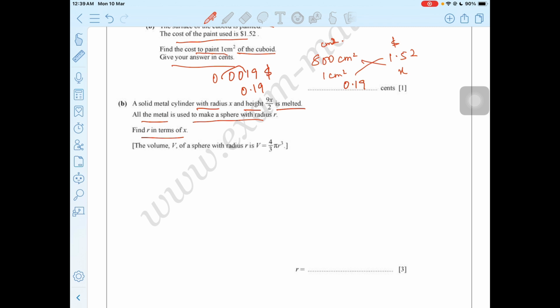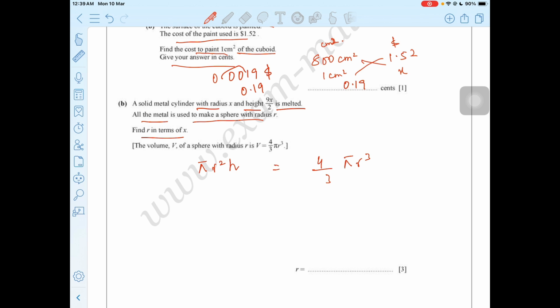So we'll have the same volume in both the cases. The volume of a cylinder is basically pi r square h, and we have our volume of a sphere as 4 upon 3 pi r cube, right?